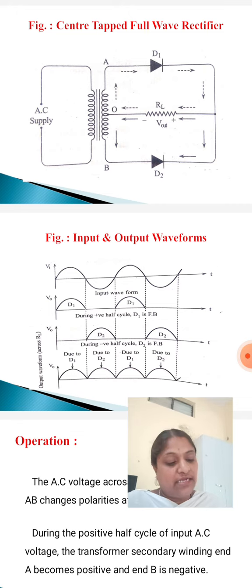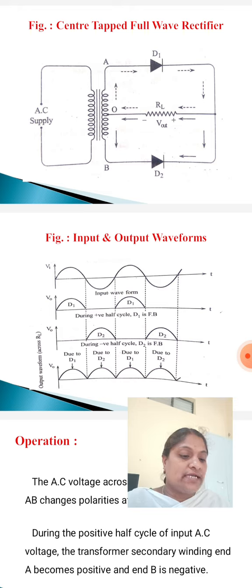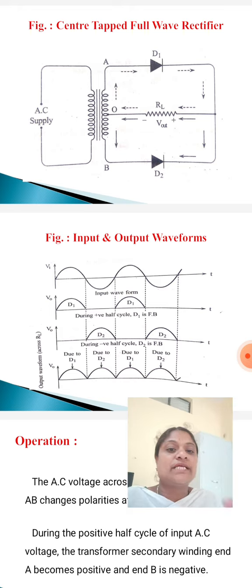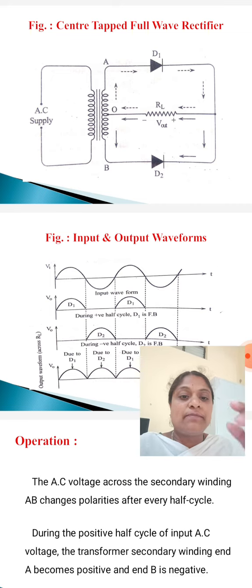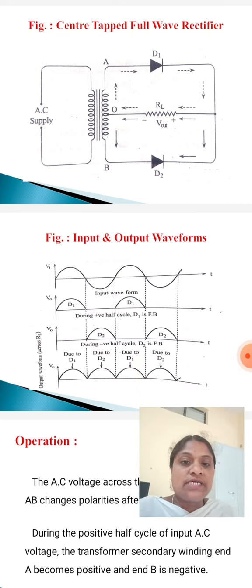The conventional current flows through D2 and through the load resistor RL. So the lower half winding output appears across the load resistor in the same direction. That's why the negative half cycle appears across the load resistor as a positive half cycle also.